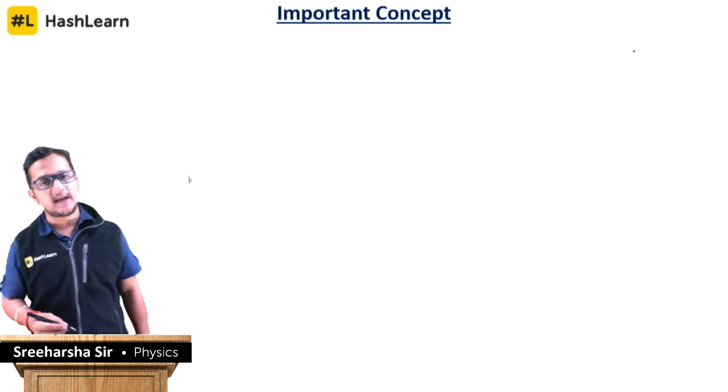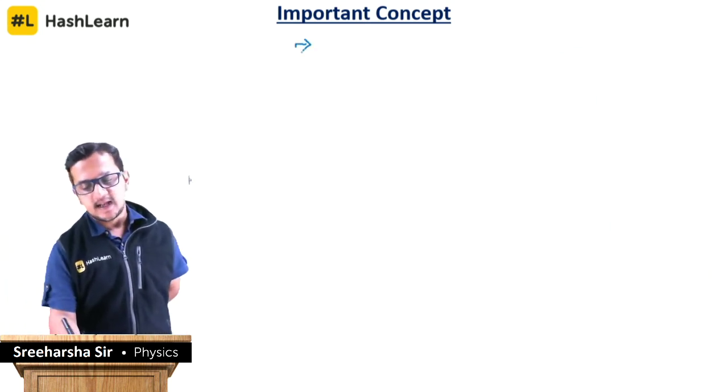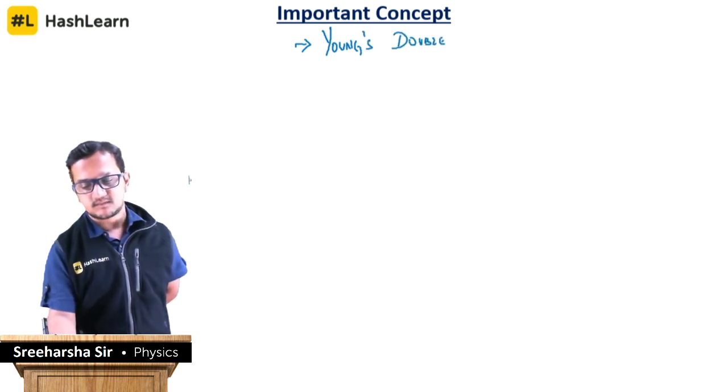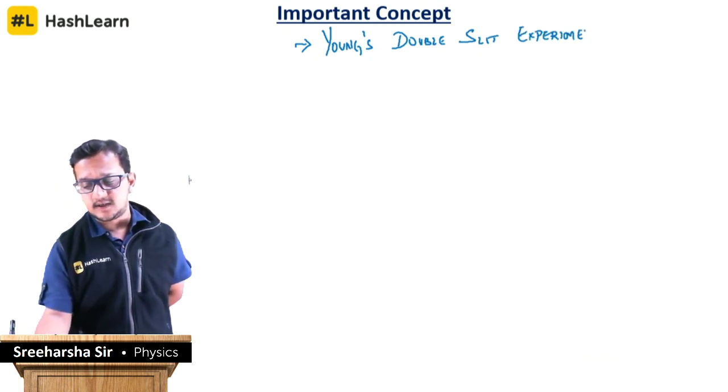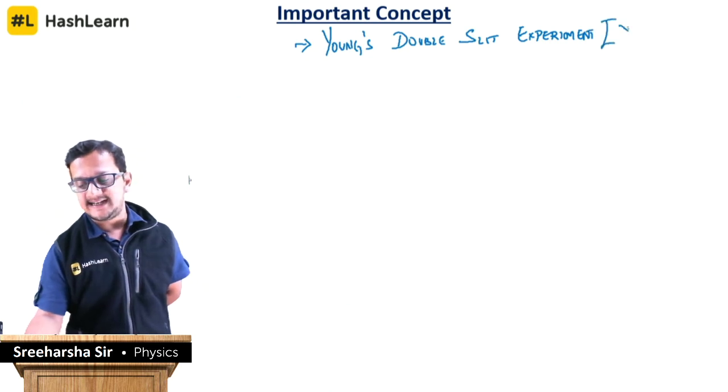Now we have a small experiment based on that, called Young's double slit experiment, very famously known as YDSE.